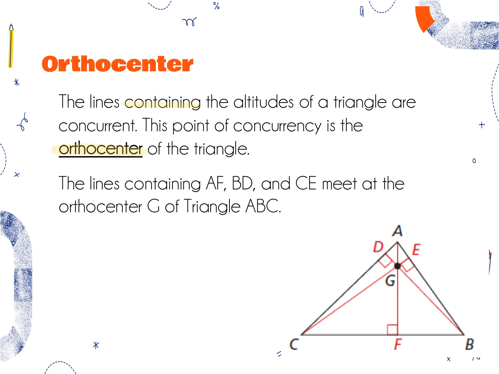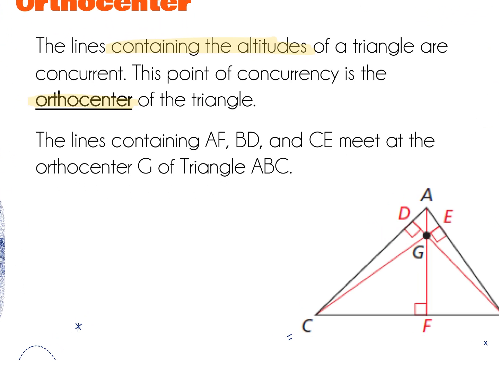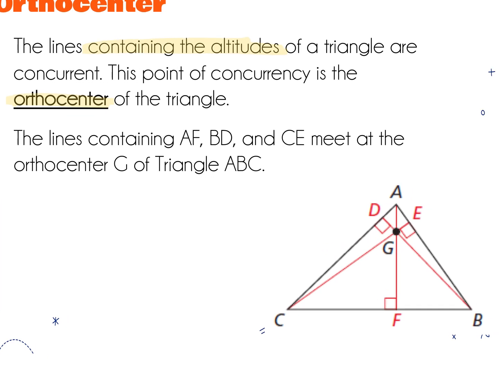So if I'm looking at this diagram, the lines containing AF, BD, which is right here, and CE meet at point G, which is considered my orthocenter. So I'm going to highlight that point. This point is my orthocenter.